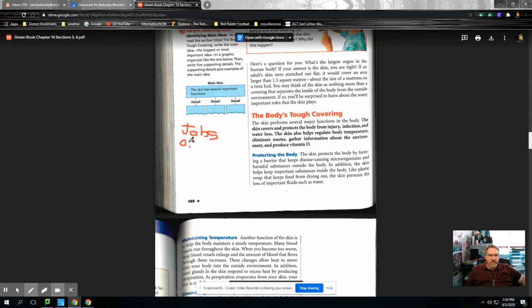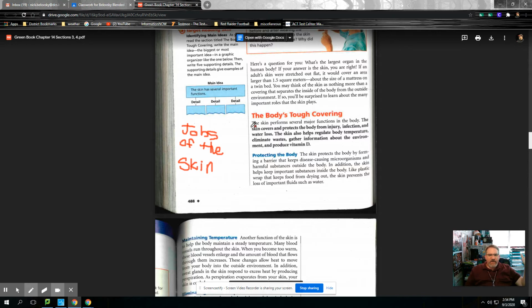You need to type that in your paper somewhere, and let that be a heading. And there's 5 main jobs of the skin.